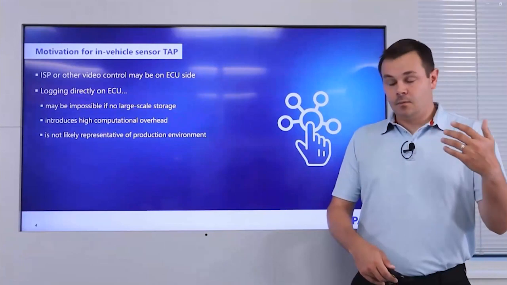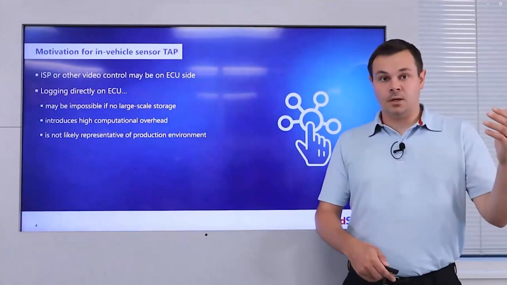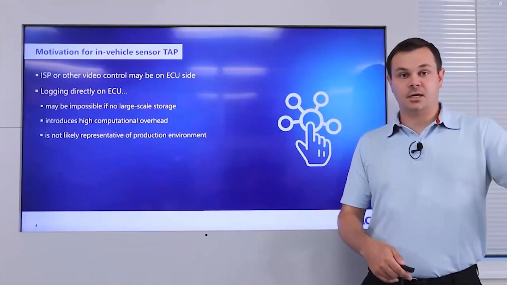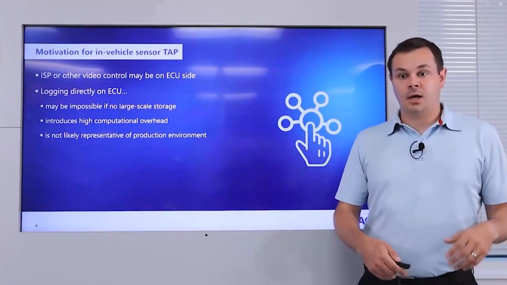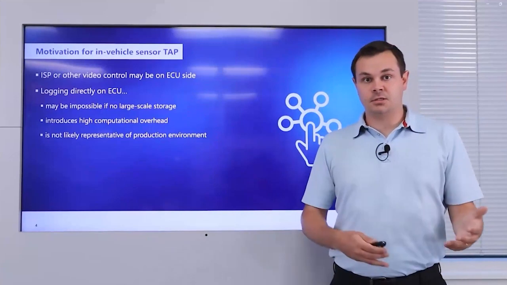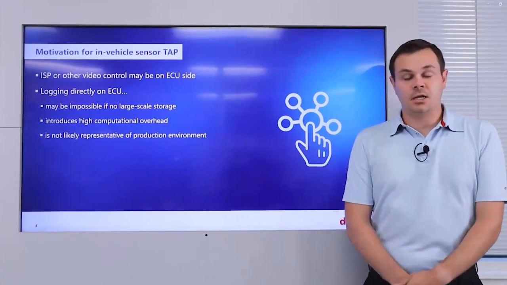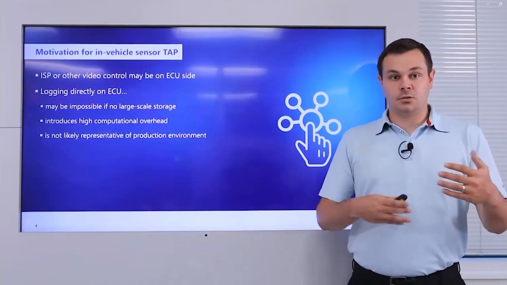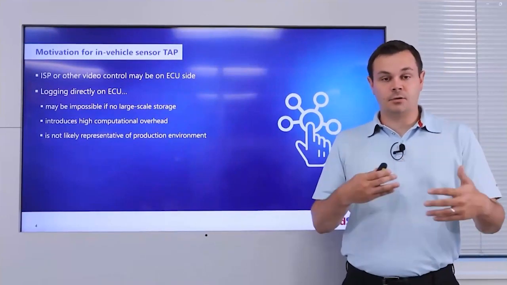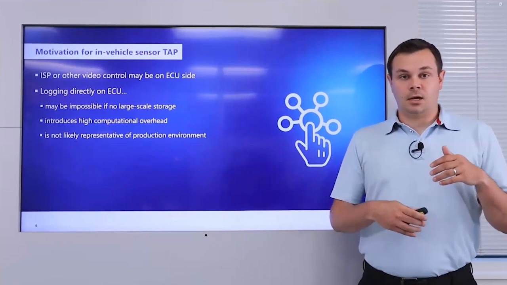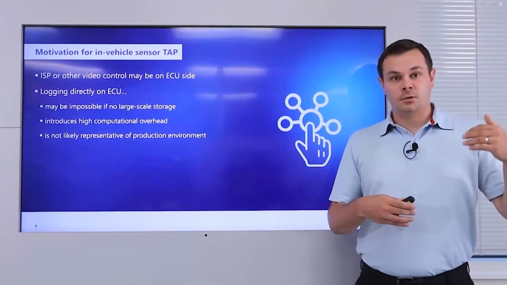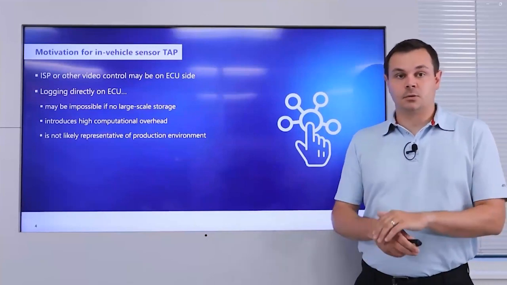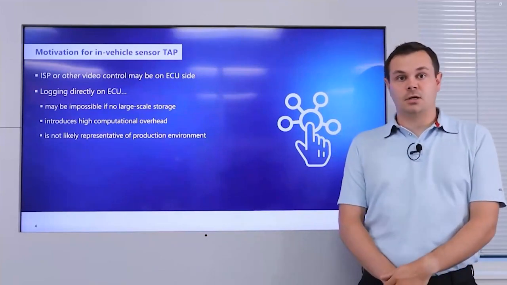And with that, even if we wanted to do that, it's not necessarily going to be representative of our production environment. So we probably aren't going to be doing this large-scale data logging in a production environment. And so in order to do our on-road testing in as close high fidelity to a production environment as possible, we may not necessarily want to hook up the storage directly to the ECU.